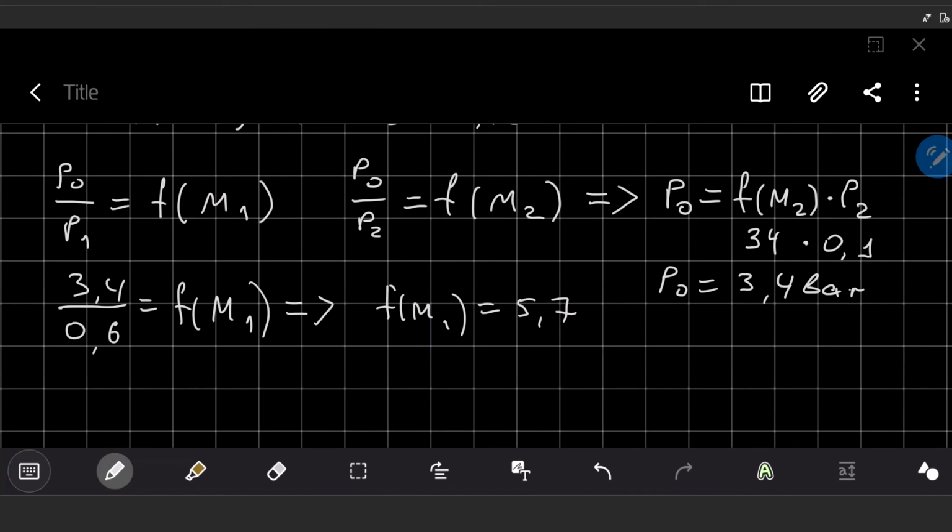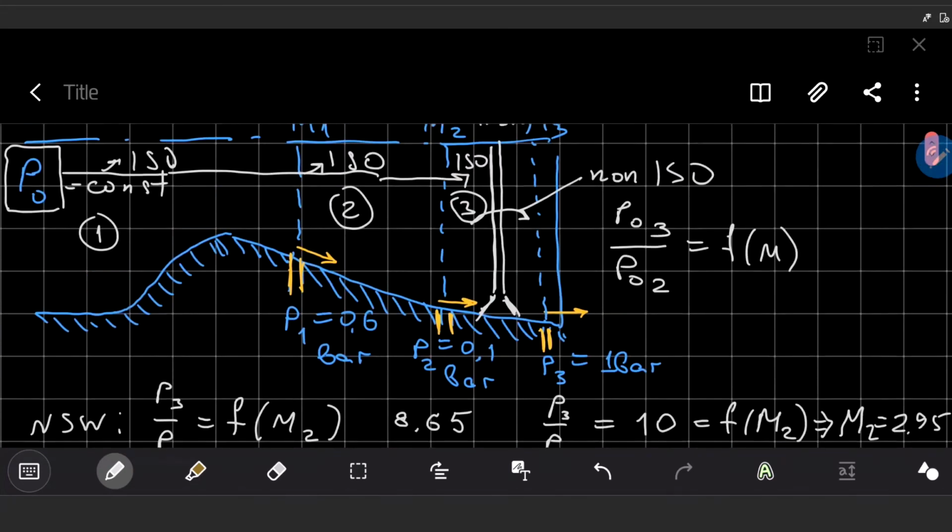I like approximate numbers, you know, it's very nice to have short numbers for this demonstration case. And from here, Mach number 1 from this function would be, let me see, 1.8. Mach number is 1.8. So by the last operation we defined the Mach number at point 1.